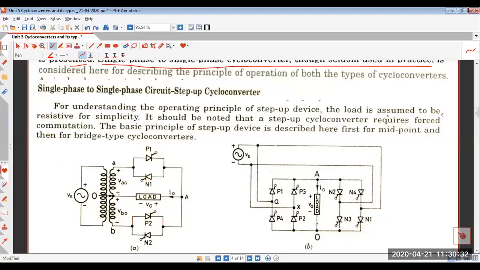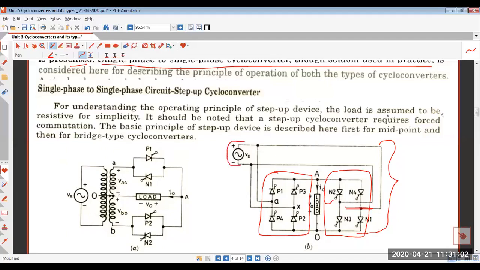Now in this particular circuit, this is a bridge type cycloconverter. There are also two groups, a positive group of SCRs and a negative group of SCRs. In the positive group you have 4 SCRs connected in bridge formation, and in the negative group also we have 4 SCRs connected in bridge formation, and a load is connected here.